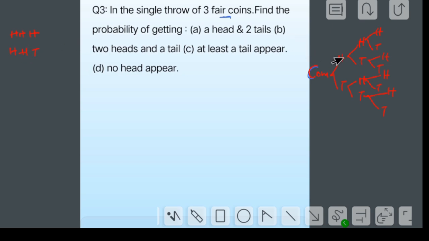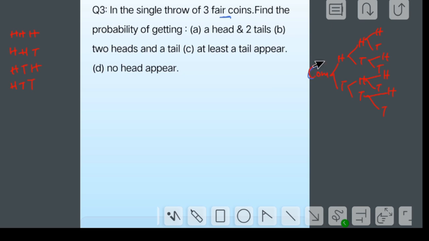Then we can have head, tail, head. You can also have head, tail, tail.